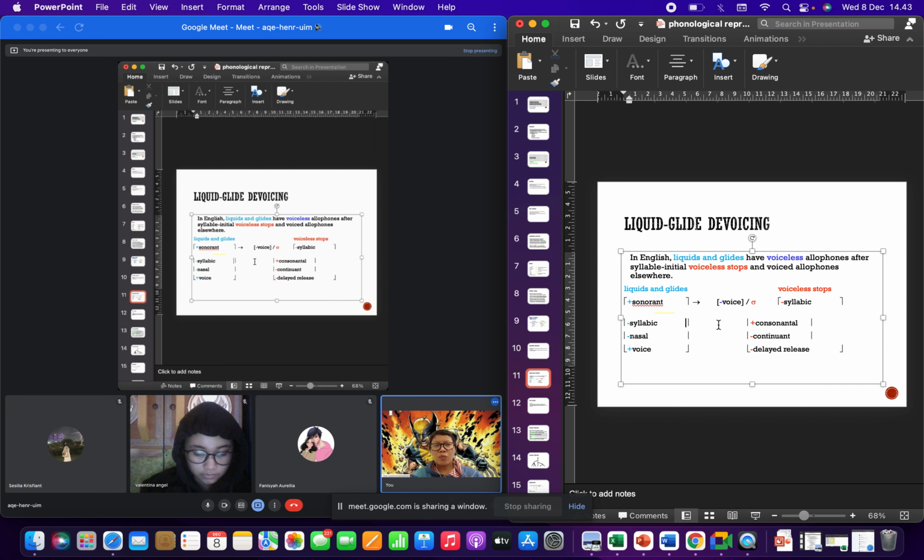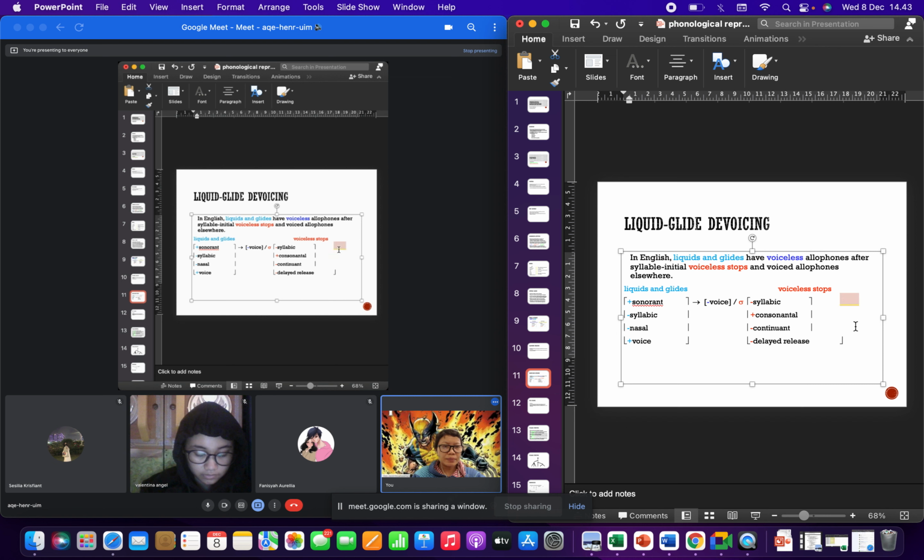It is for our sonorant. And if the liquids and glide sounds are not syllabic, or minus syllabic, in its voiceless stop, it must have consonant.